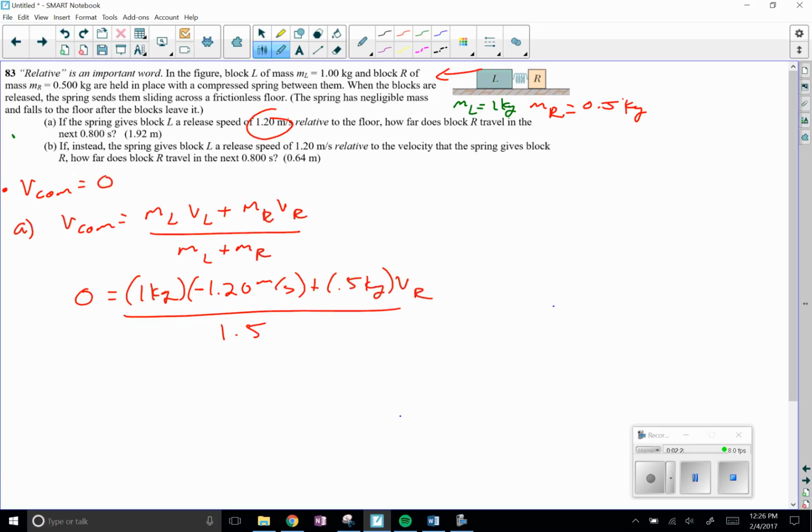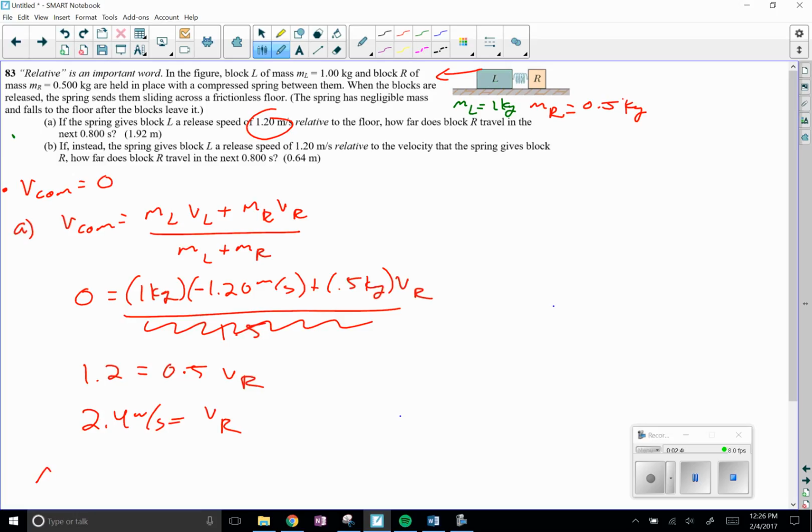So let's multiply both sides by 1.5. That goes away. We're going to get 1 times negative 1.2. Add it, so you get 1.2 equals 0.5 times the velocity of the block on the right. So you get 2.4 meters a second equals the velocity of the block on the right.